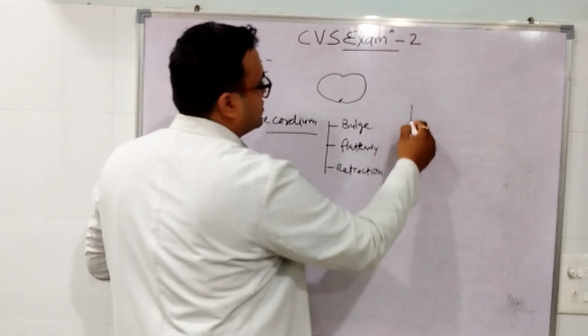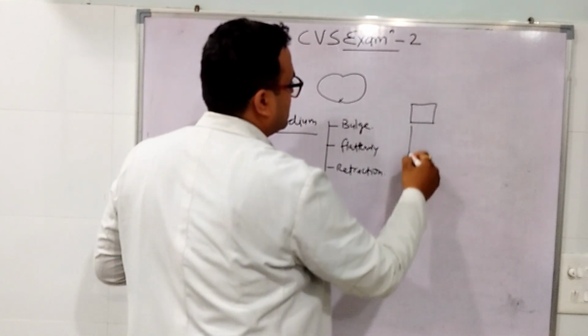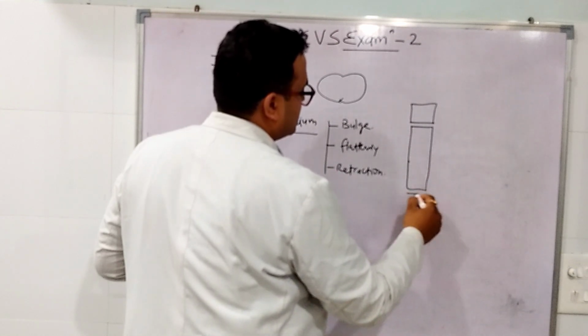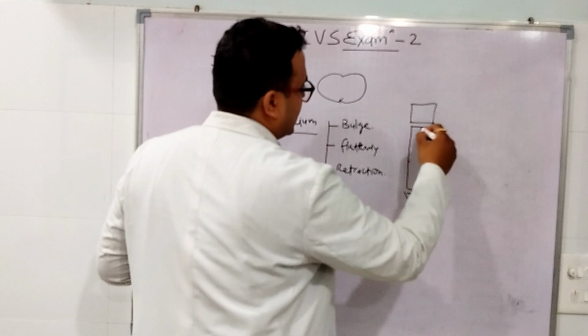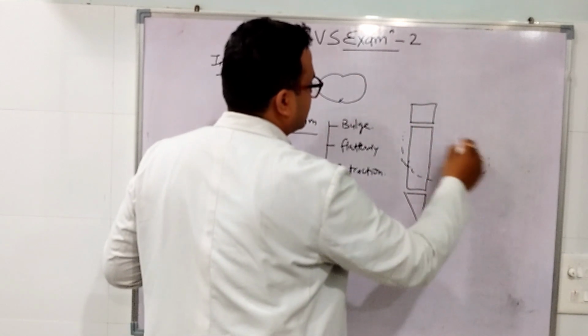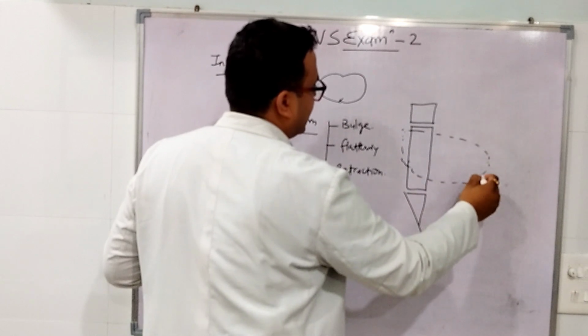So this is the sternum we are drawing, and the precordium is this part of the chest wall which is overlying the heart, and this is the apex.